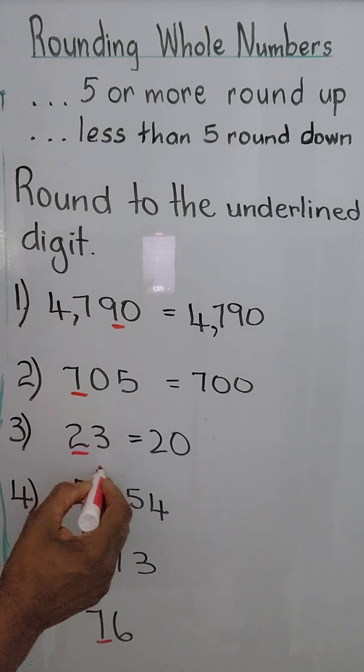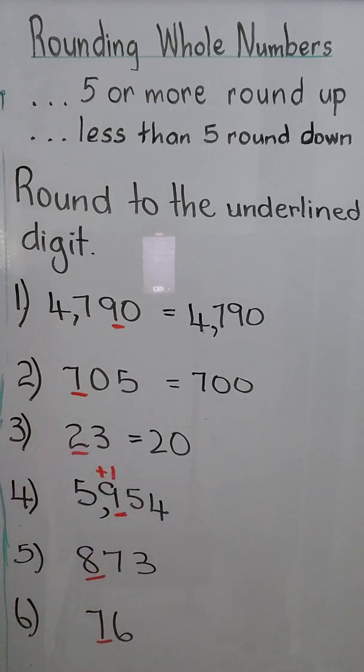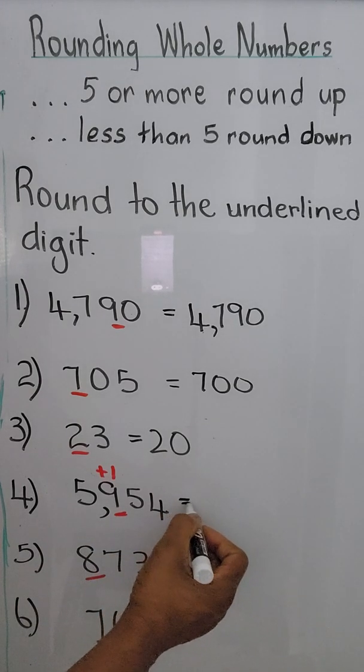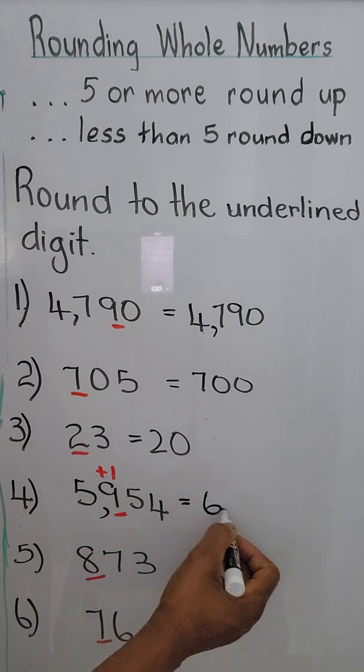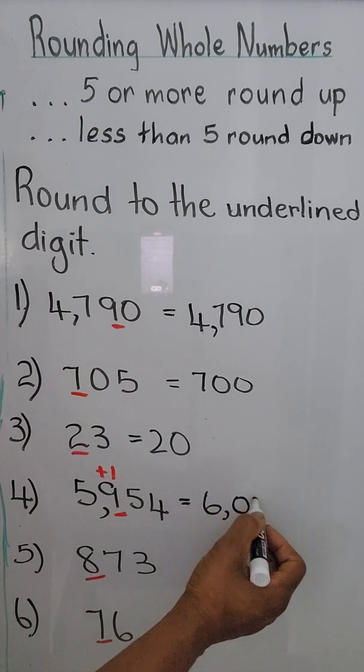Add 1 plus 1. So we add 1 to the rounded number, and that gives us 6,000.